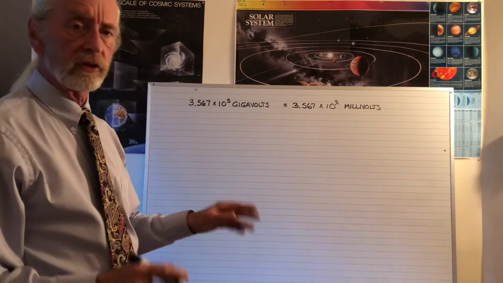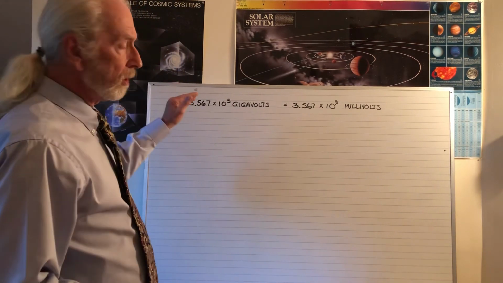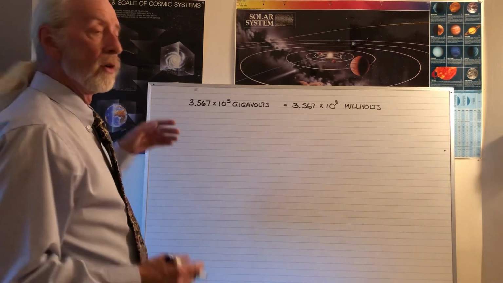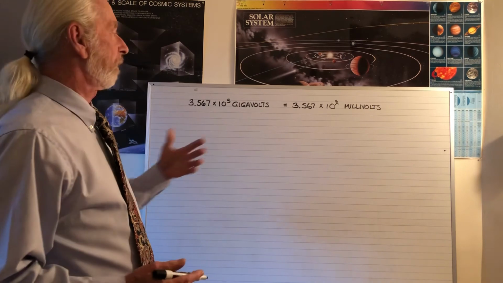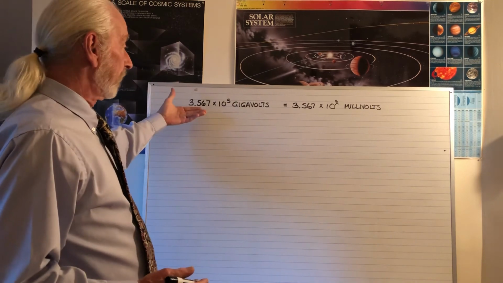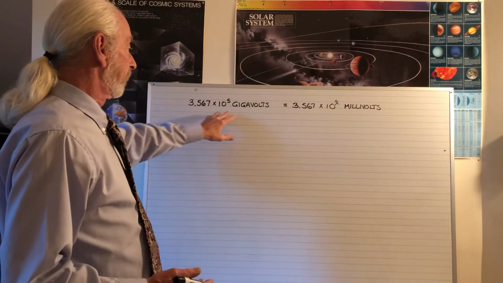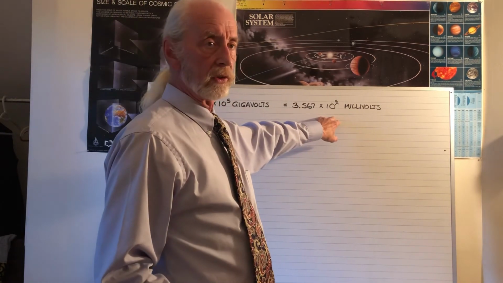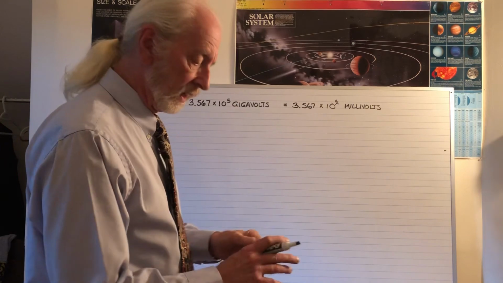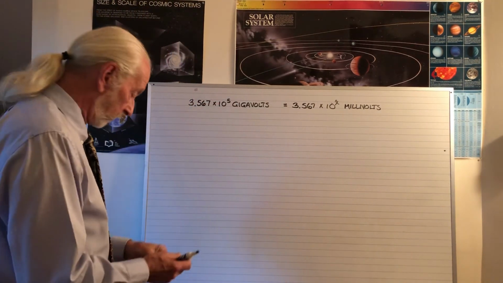That's one of the tricks to surviving physics. You front load your problems with no-brainer stuff. Stuff that clearly articulates what the problem is. And here it is. This is my problem. I got this amount of gigavolts. I want to make it this amount of millivolts, but I don't know what the answer is. And that pretty much states it.